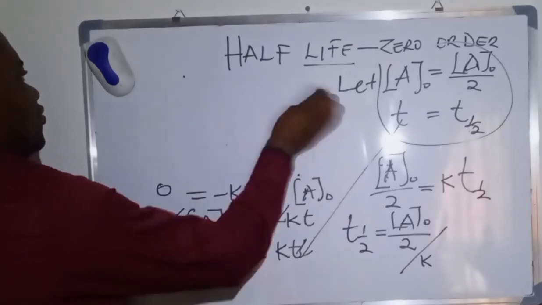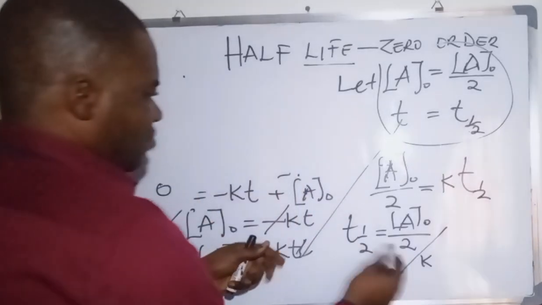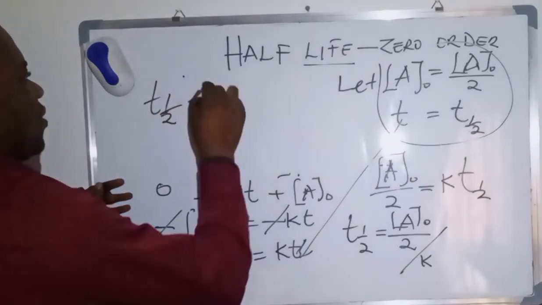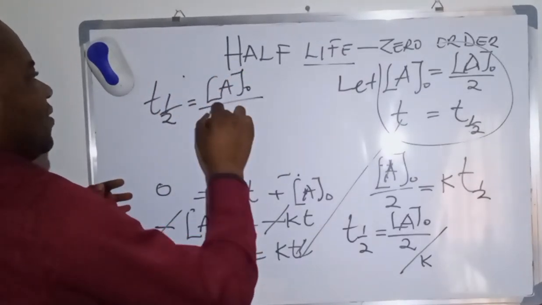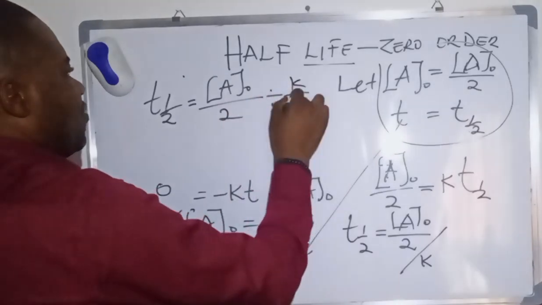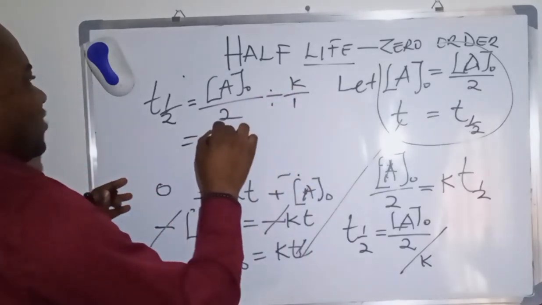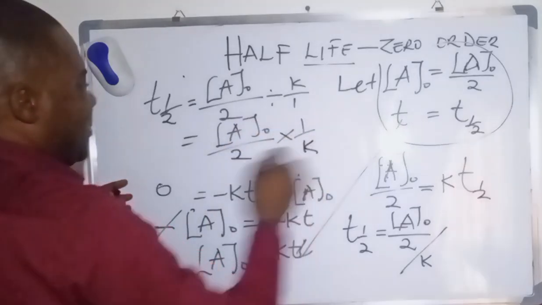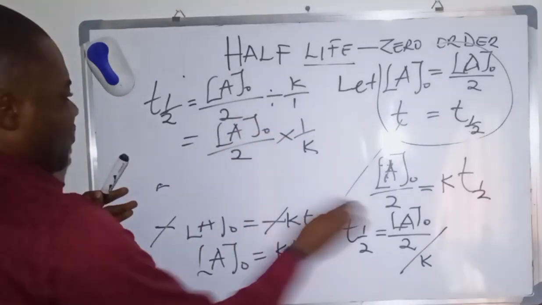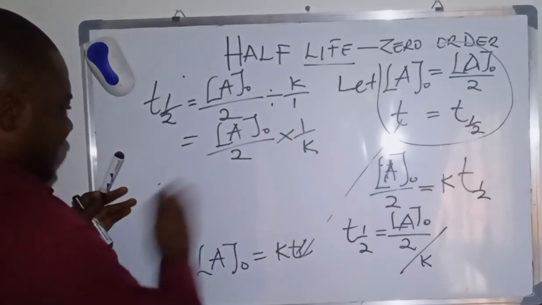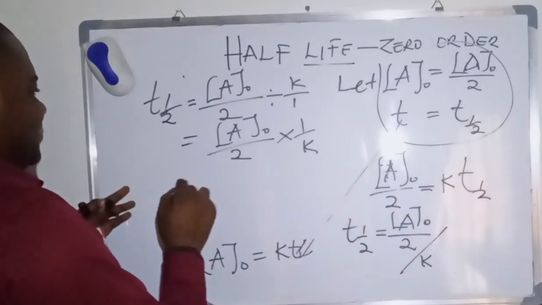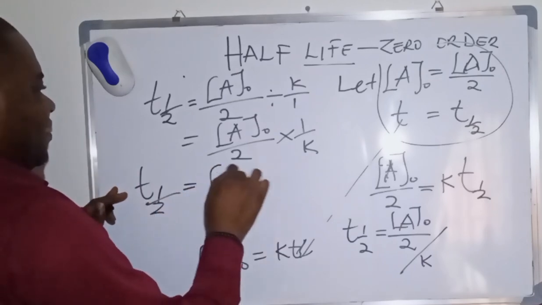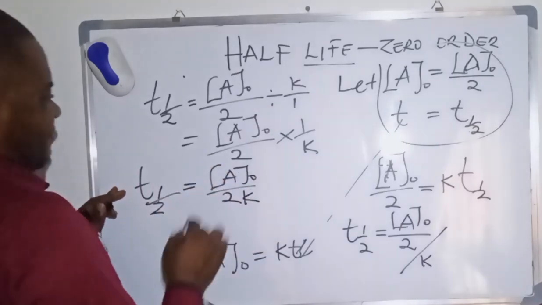If we rewrite that equation, we have T half is equal to A0 all over 2 divided by K all over 1, and we can also say A0 all over 2 multiplied by 1 all over K. So at this point, we can simply write the half-life equation as half-life is equal to A0 all over 2K.